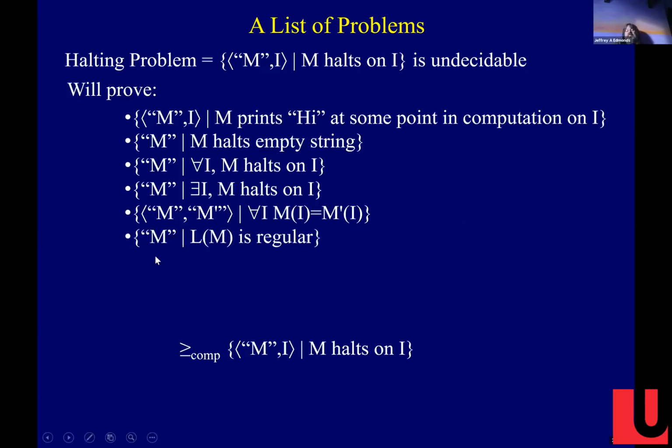Here, this is the one that kills students the most, all right? Even the question itself makes people scared. I give you a Turing machine. I want to know something about the language that the Turing machine accepts, right?